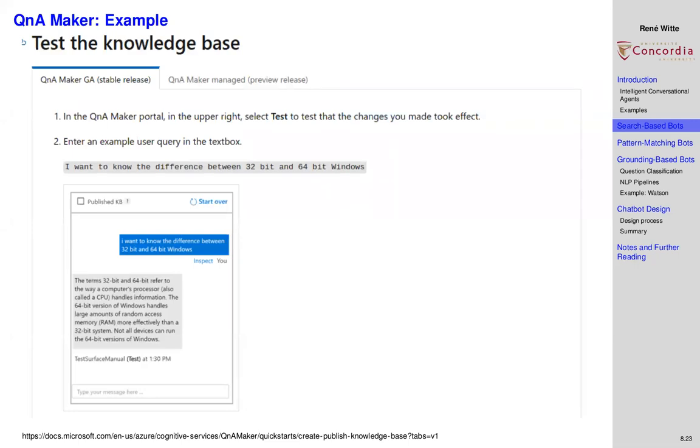So that's a simple but still powerful technique of developing a bot if you have a knowledge base in the right format. If you have a lot of documents, a lot of content, possibly from an online forum or that you manually curated, or from a bug tracking system, a ticketing system, then you can easily convert this into an online chatbot.